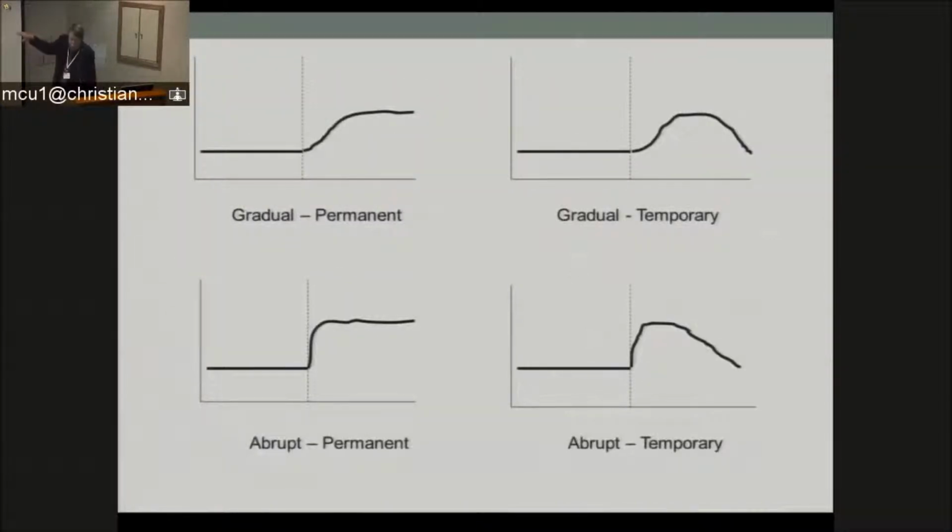So, these are the combinations of change that you can get in a time series. That's a little more complicated to analyze, so I'm not going to do it. I'm just going to put in a variable to see whether there was a change or not, okay?